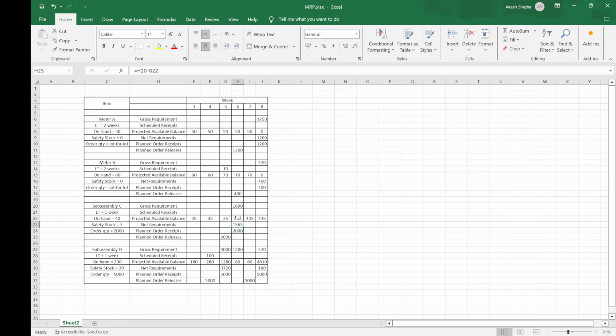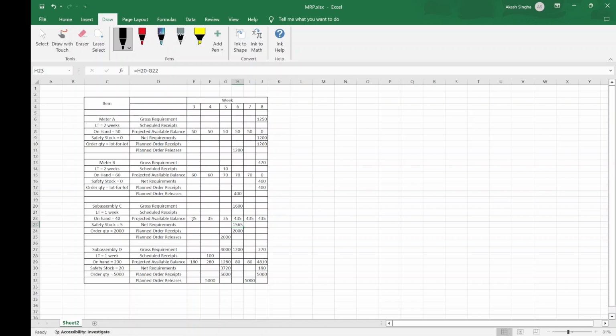So in the sixth week, 35 was in hand, 35 was in hand, 35 was in hand. The gross requirement is 1600, so we have to order. How much can we order? 2000, right?